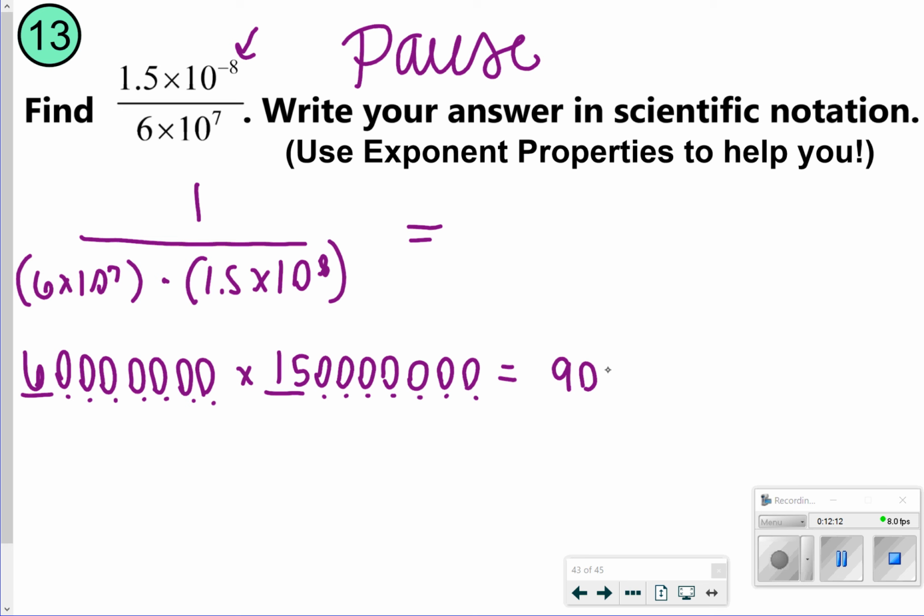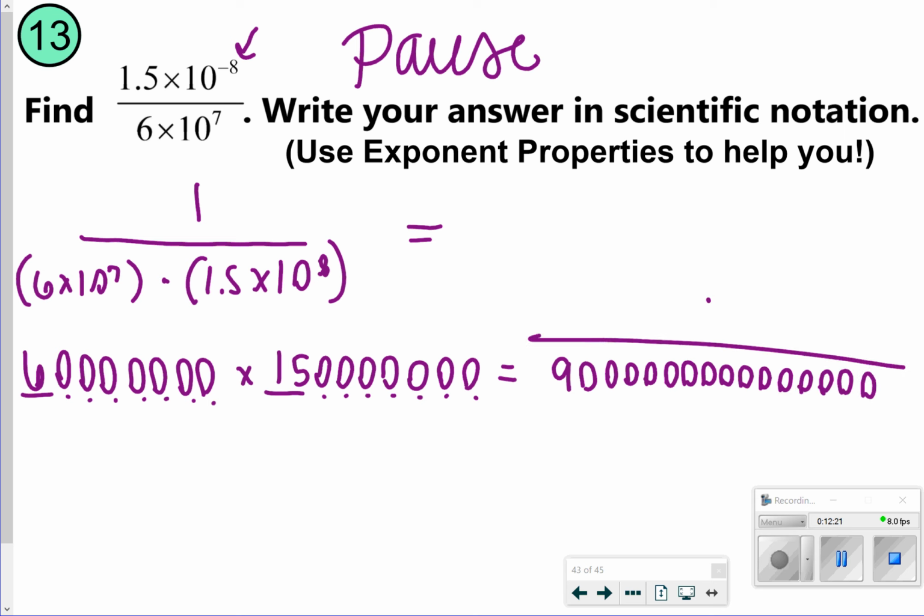So that's 90 with 14 zeros behind that, all over the number 1. Or I could just rewrite this in scientific notation, which would be 1 over 9 times 10 to the 15th power.